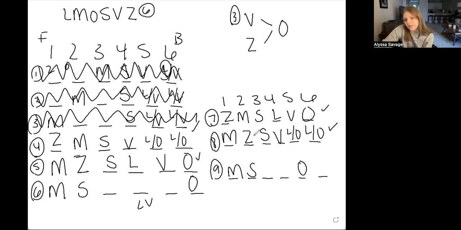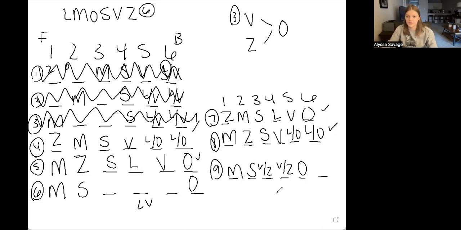So now that we've got that figured out, we can just kind of domino effect it. So in number 9, if we know that V and Z have to go before O, and there's only 2 spots before O, that means I can flip them because we don't care about what order, but they have to go in those spots.